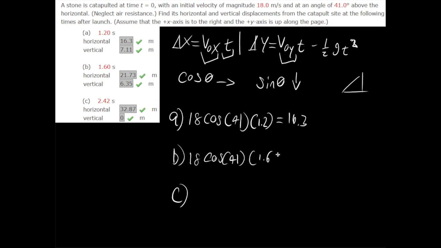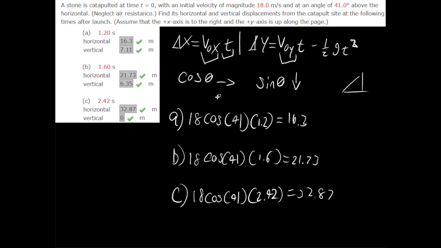And that is 21.73. 18 cosine 41 times 2.42. That is 32.87. All right, so that's all of the x directions.